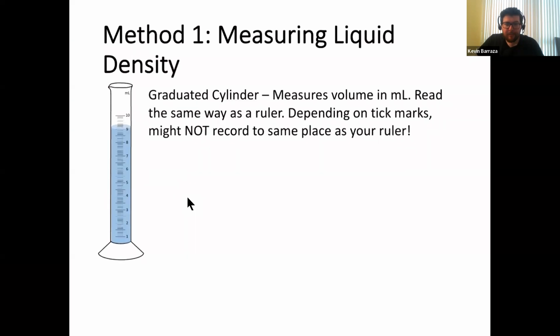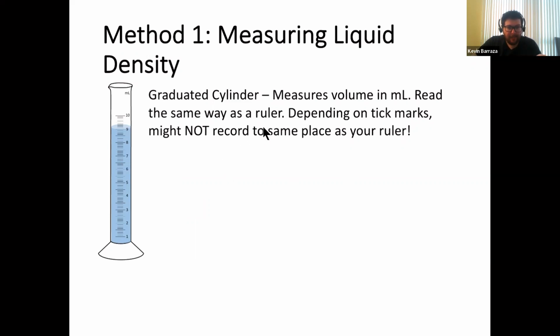The first method is measuring liquid densities. For that, we're going to be using graduated cylinders. A graduated cylinder is a tube, a container that has tick marks indicating volume amounts. It measures volume in milliliters.